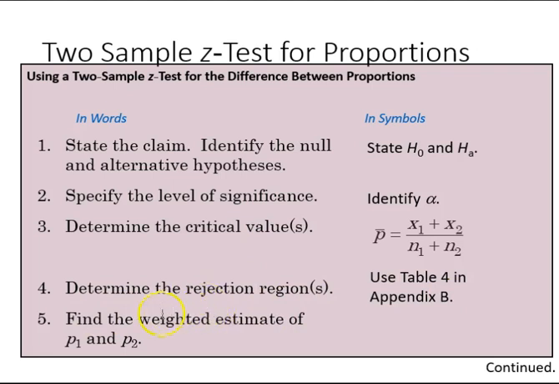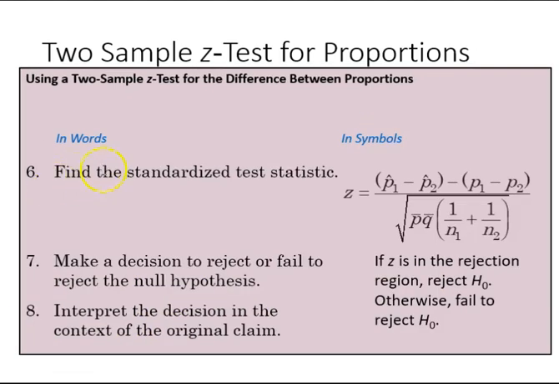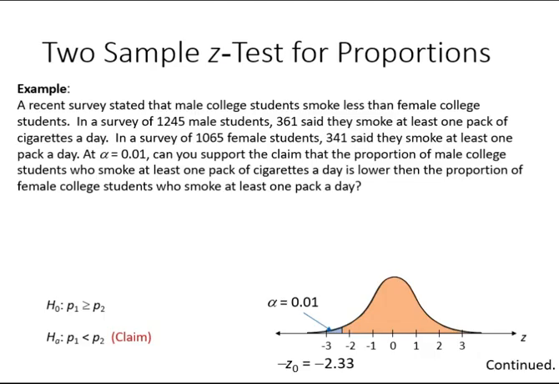And we find the weighted estimates for p1 and p2. We then find our standardized test statistic using the before reviewed equation. We then make our decision to reject or fail to reject, and then interpret the decision in the context of the original claim. Here's an example.